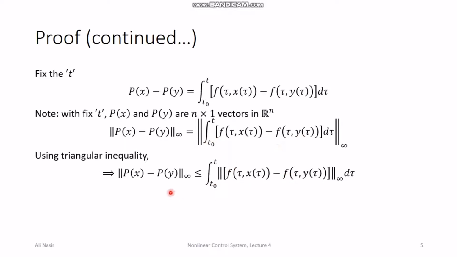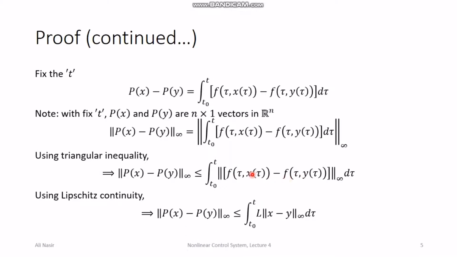So applying the triangle inequality, we have reached this conclusion, and now using the Lipschitz continuity of f, we can replace f of x minus f of y with L times the norm of x minus y, because Lipschitz continuity is given in the theorem. So we can use the given conditions to try to prove the claim.